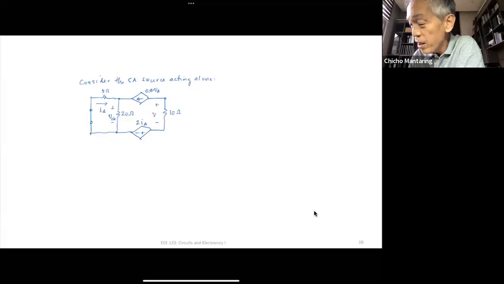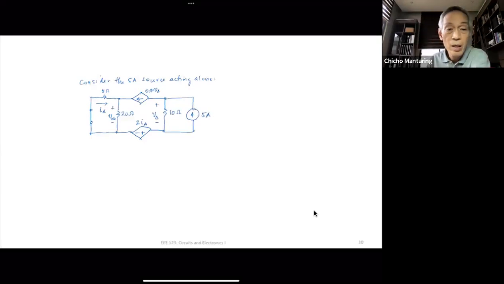And now this is my V delta. And this is my 5 ampere source. I have to be consistent, no? I have to put my reference there because that was my reference in the first part of my computation. So I should be consistent.